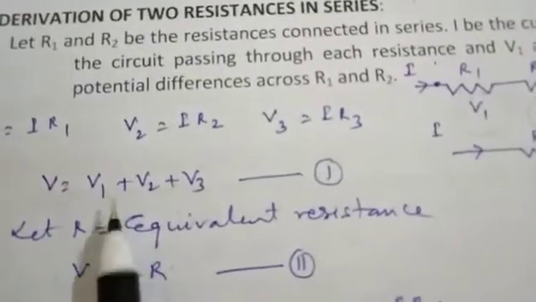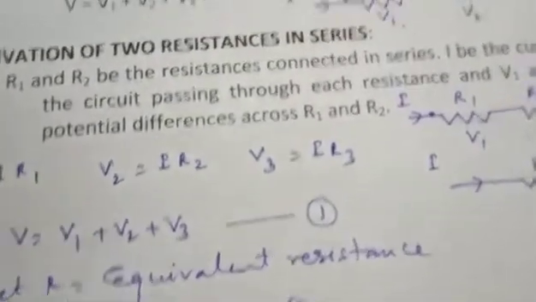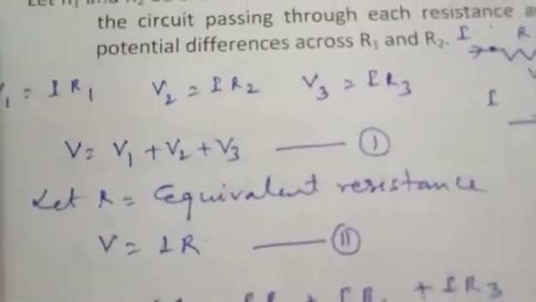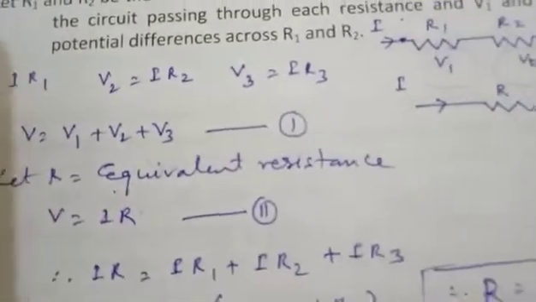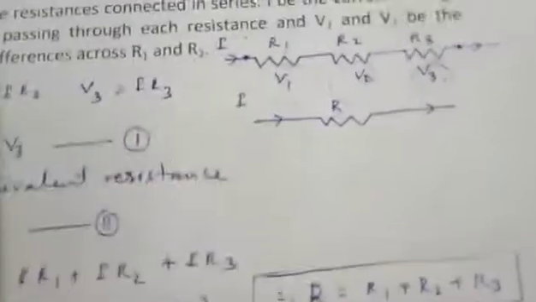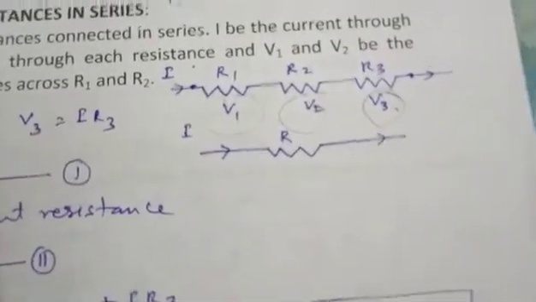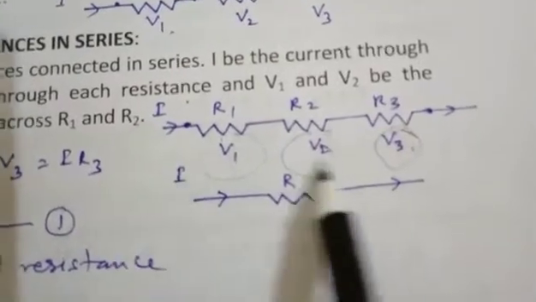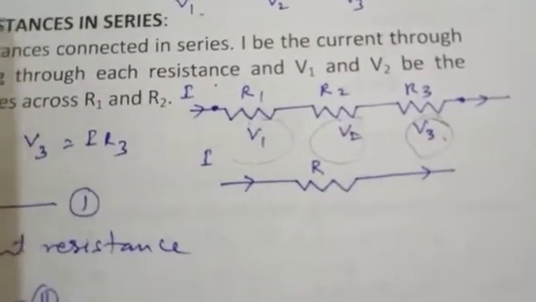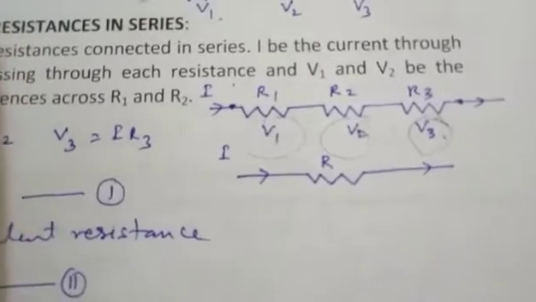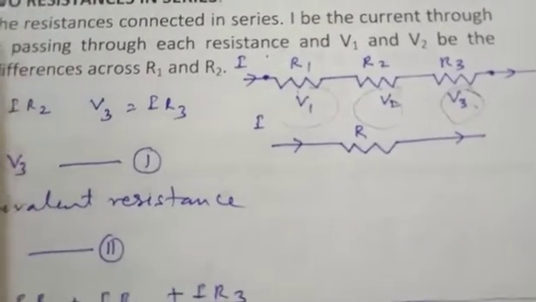V will be equal to V1 plus V2 plus V3. Now let R be the equivalent resistance. It means that if I take up a resistance R, which is going to replace all these three resistance R1, R2 and R3, then this R is known as the equivalent resistance.